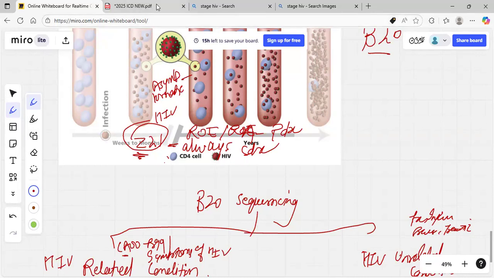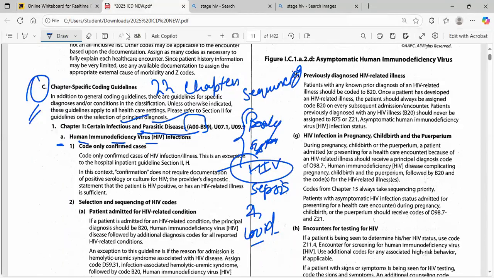Now let's go through the guidelines. So our first guideline states that we have to code only the confirmed cases.